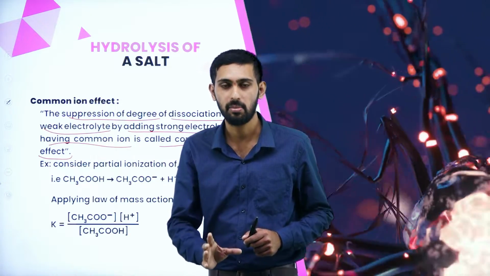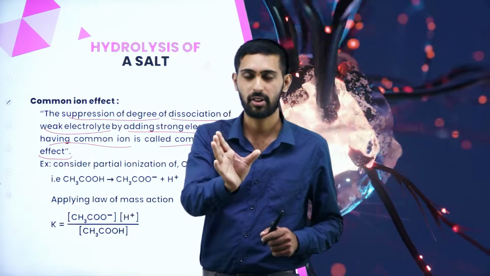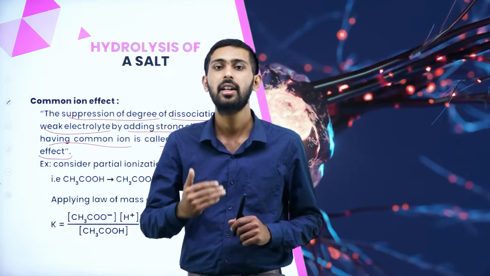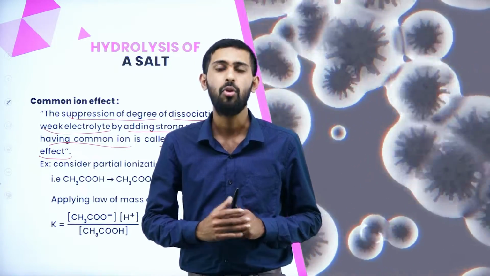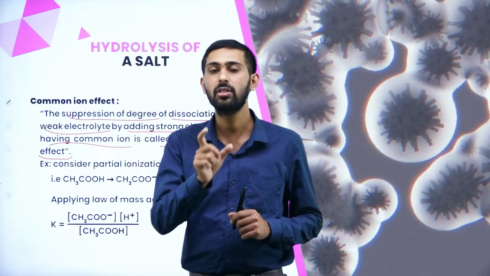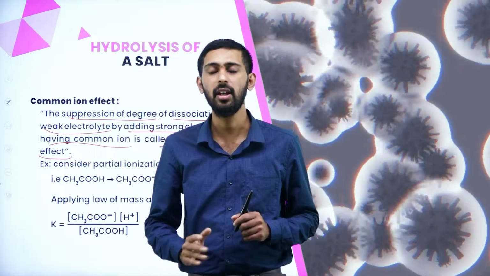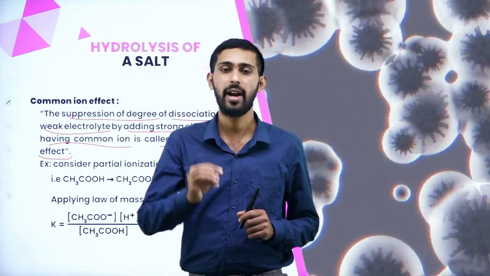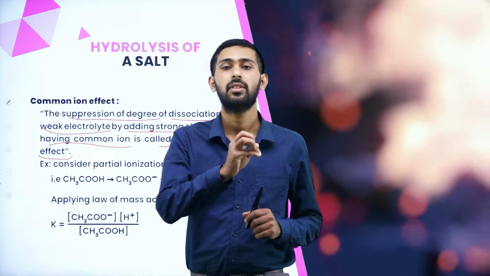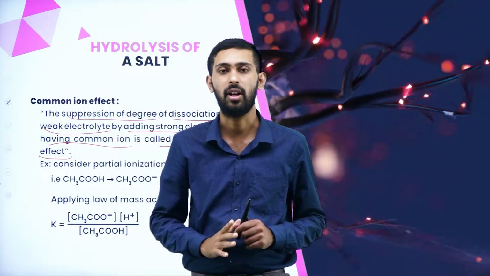For example, let us take one weak electrolyte. If you keep it for 3 to 4 hours, it gets dissociated. We should know which ions are present in that weak electrolyte. Then we add a strong electrolyte which contains the same ion as the weak electrolyte.